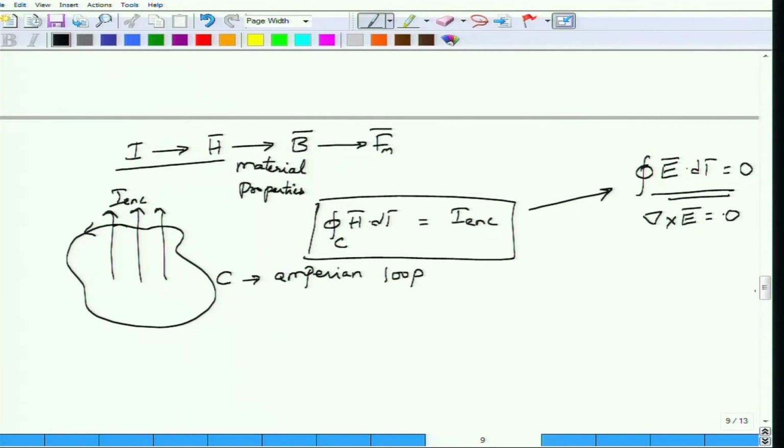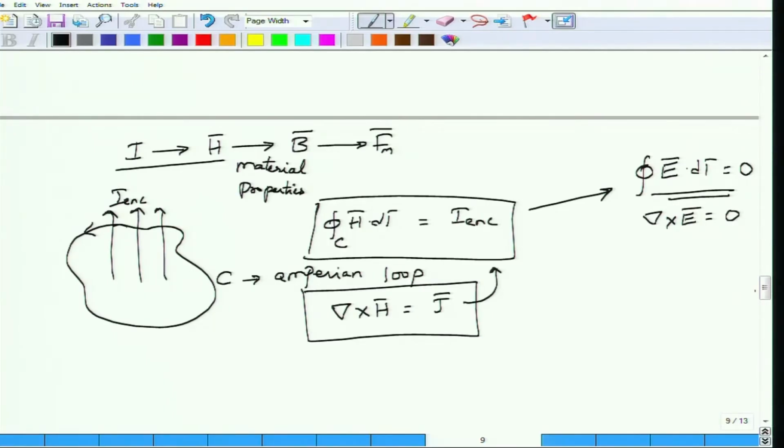Now, here you can immediately see that the point form of this integral relationship will be curl H is equal to the total current enclosed, and because current enclosed cannot be a scalar, this would be current enclosed per surface area, because that is the definition of a curl, if you remember. So, this becomes the vector J, or the current density J. This is the corresponding point form relation for Ampere's law.